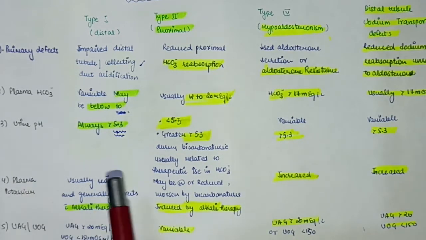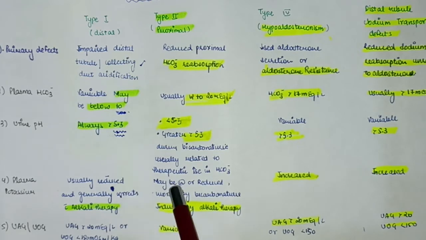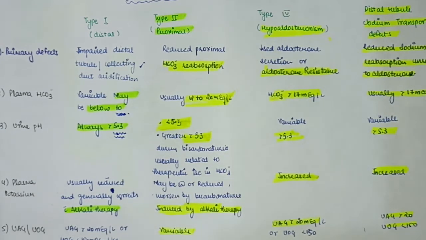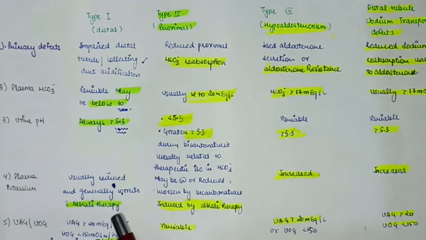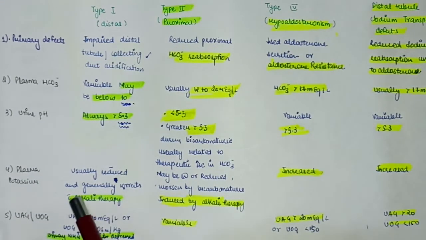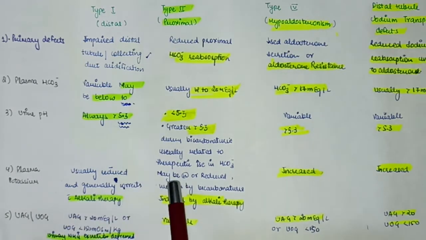There is hypokalemia, as we have already discussed, in type 1 and type 2 RTA. But there is a difference in the treatment of hypokalemia in type 1 and type 2 RTA. Type 1 RTA usually responds to alkali therapy. But in type 2 RTA, alkali therapy will worsen the hypokalemia. So correct identification of the different types of RTAs is very important.